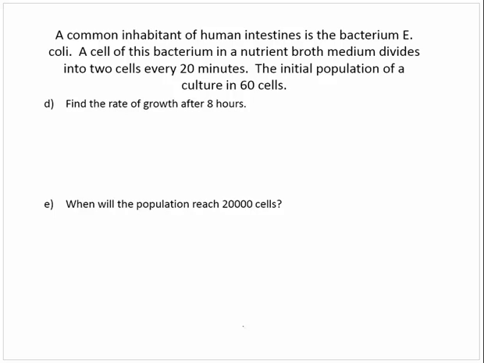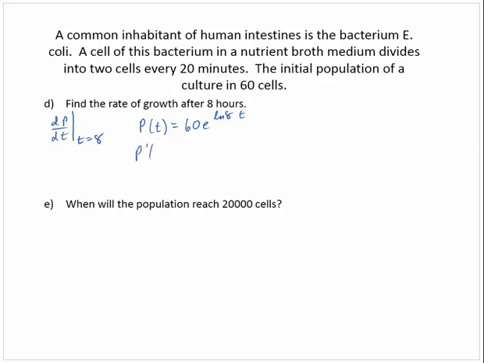Find the rate of growth after 8 hours. So the rate of growth, that's the dP/dt. So we need the dP/dt when t equals 8. Well, we know that P of t is 60 e to the natural log 8 times t.